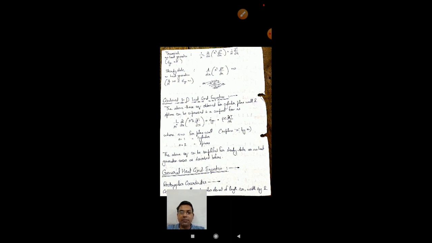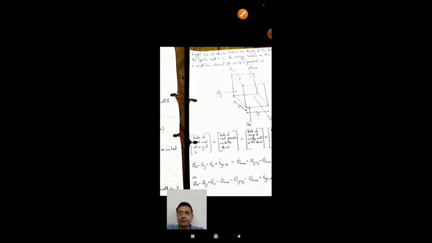That means heat is being conducted into all the three coordinates. Now assuming, first of all, rectangular coordinates, that means the case now discussed will be of a large plane wall.